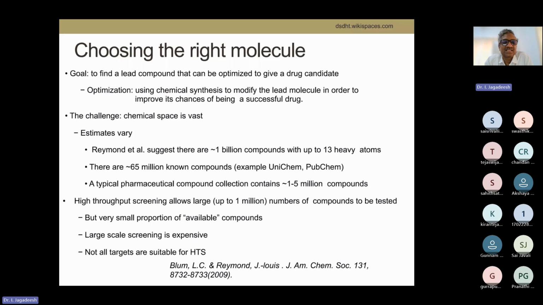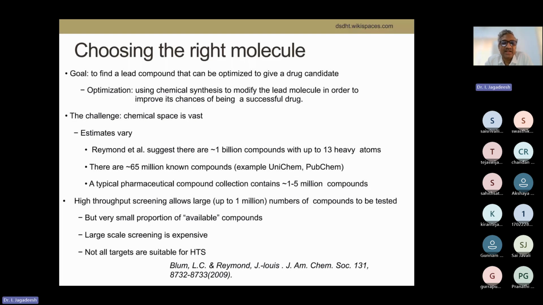There are 65 million known compounds available in the chemical database PubChem. A typical pharmaceutical compound collection contains 1 to 5 million. The remaining we call reagents, reactants or starting materials, and toxic chemicals, which we don't consider for drug synthesis. So 1 to 5 million we are going to consider.